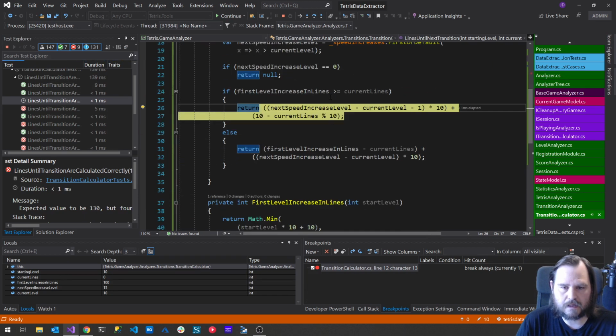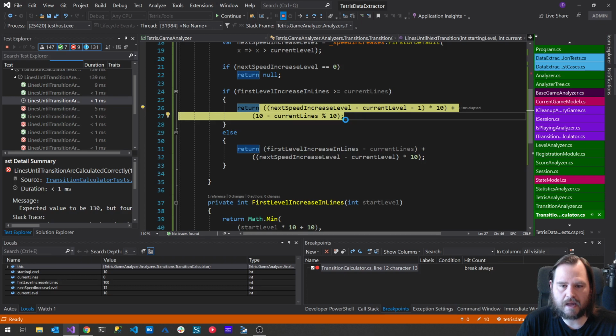So it's this calculation. The next speed increase is 13 minus the current level, which is 10, plus 1, minus current lines.